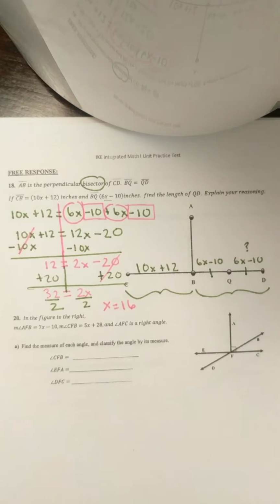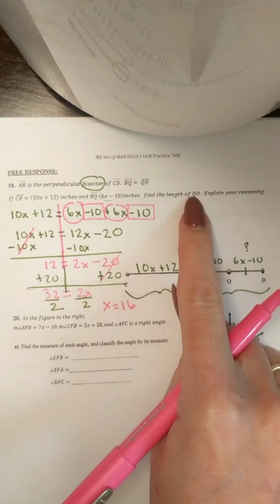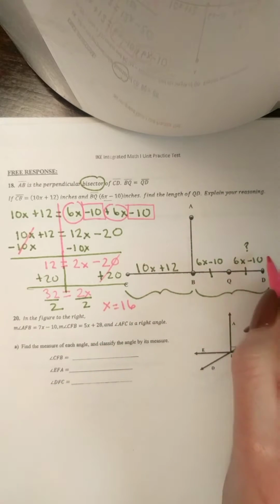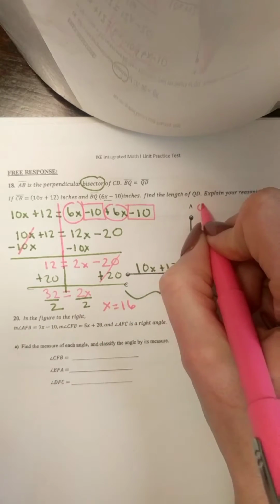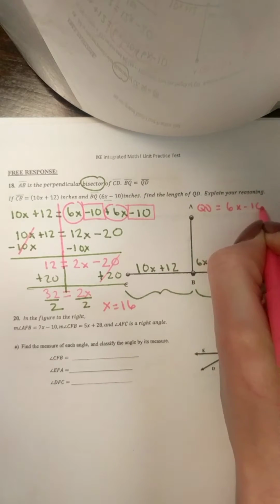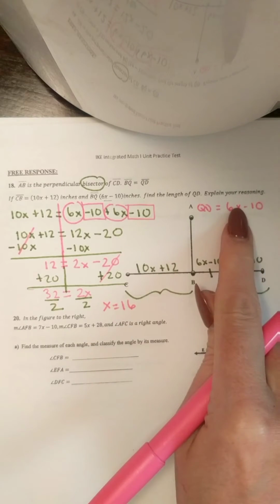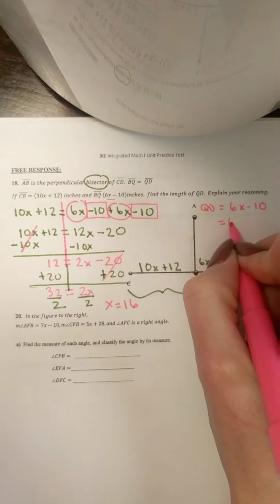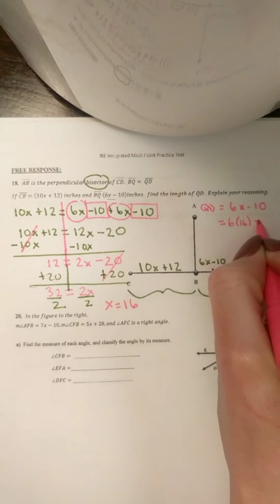But they want us to find QD. So we're going to take 16 and substitute it into QD. So QD equals 6x minus 10. I'm going to substitute 16 in for x. So we end up with 6 times 16 minus 10.